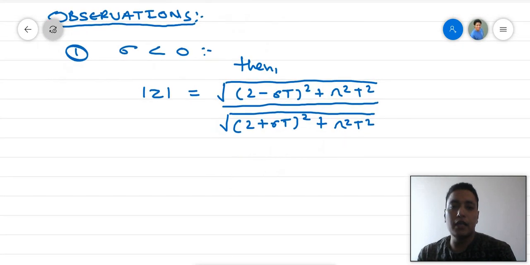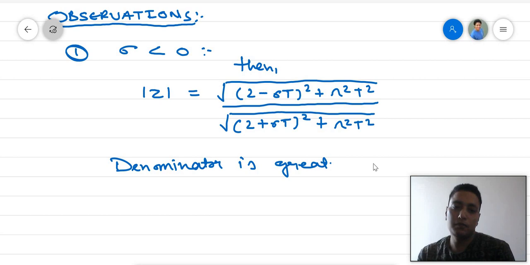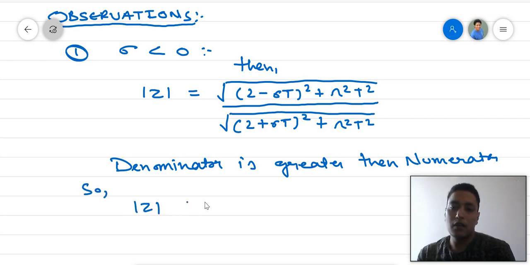One can clearly see the denominator is greater than the numerator. So mod Z is less than 1.